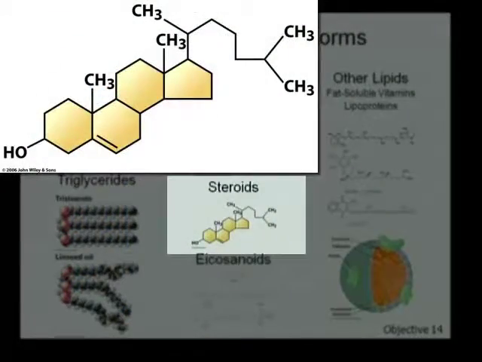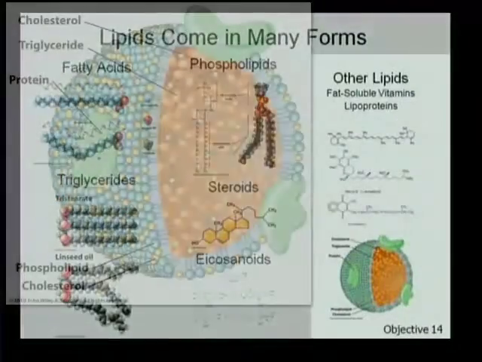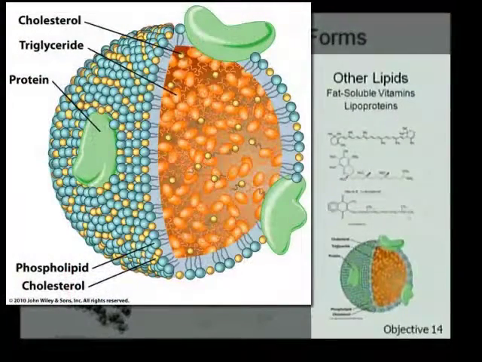We can have steroids, eicosanoids, and then we can have other lipids like the fat-soluble vitamins and the lipoproteins. Remember that the lipoproteins are fairly large structures, and these represent the way that lipid molecules are carried in the blood.